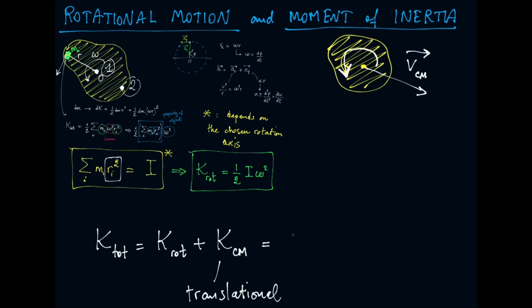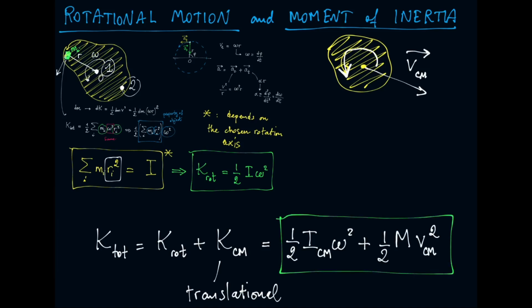And so this is equal to 1/2 the moment of inertia around the center of mass, omega squared, plus the usual 1/2 total mass and the speed of the center of mass squared.